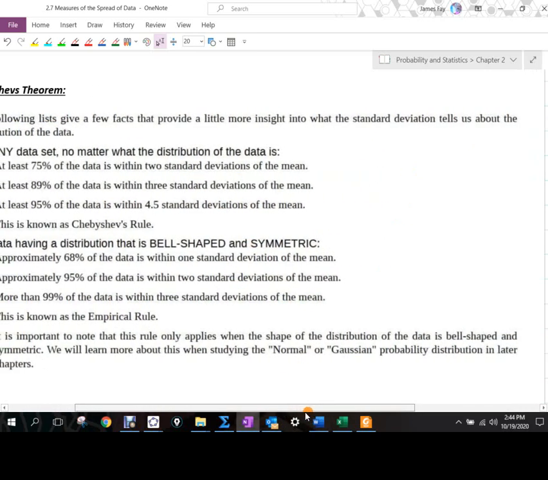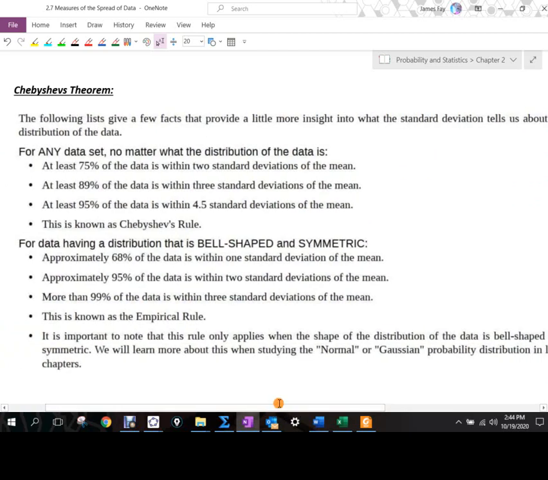And the formula for Chebyshev's is actually a pretty simple formula that generates these facts. It's 1 minus 1 over k squared, where k is an element of your natural numbers. So that means k is either 1, 2, 3, 4, 5, and so forth.